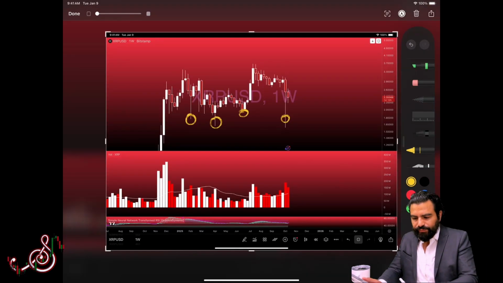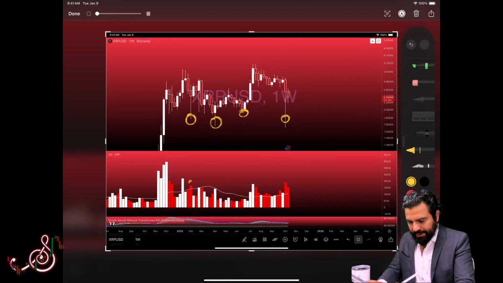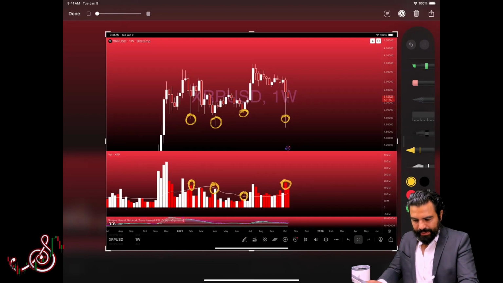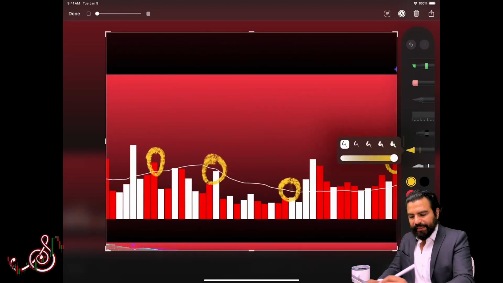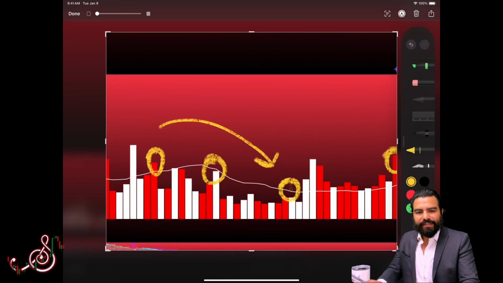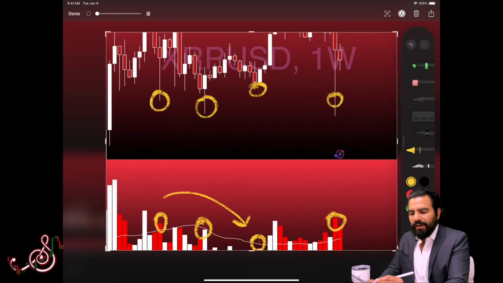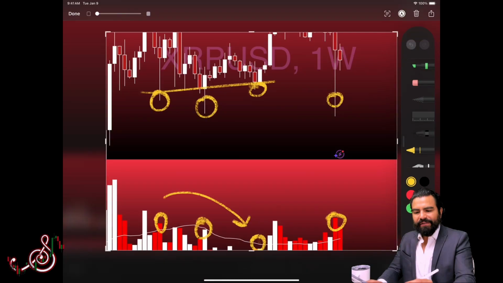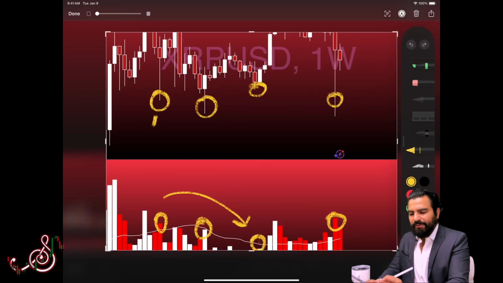All right. We're going to mark these on our chart. A, B, C, D. Now, you can see that volume was trending down towards an absorption at this area. That means that if there's buyers, they are winning in these areas.